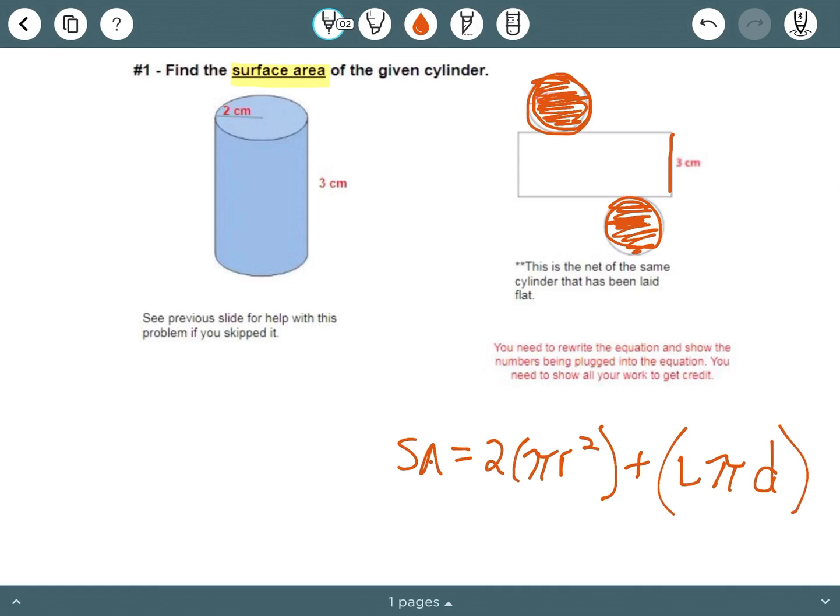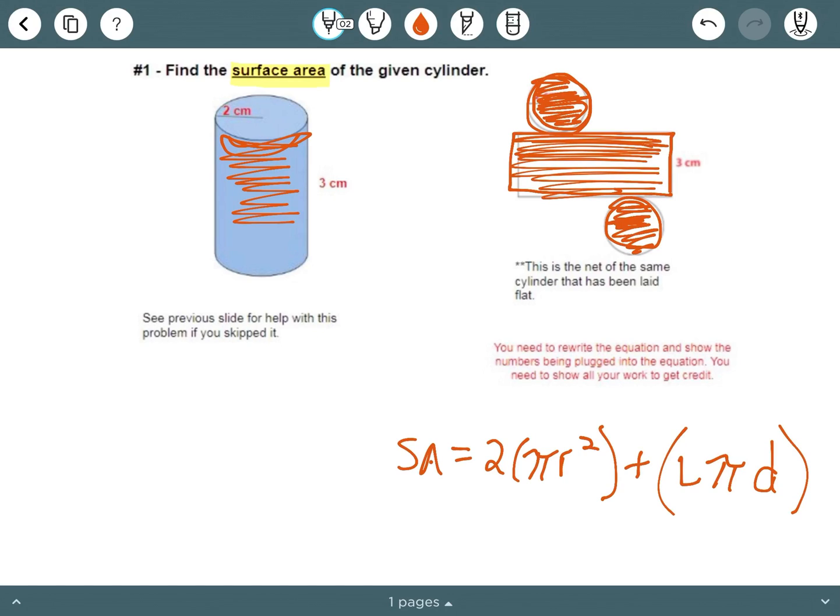That is because this rectangle is wrapped around the center of the cylinder. So this rectangle part is going to be this part of the cylinder, and these parts, the circles, are going to be either end of the cylinder, kind of like the caps on the end.